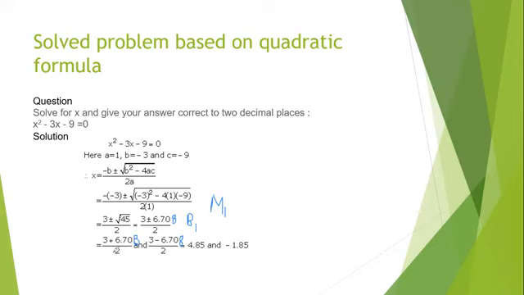My square root was 45, and the value of root 45 I have seen from the table, which is 6.708. If you write only 6.70, you will not get this second mark of B1. Very important point this is. Remember this always. Here also 8 should be written when you are doing the calculation of the next step.